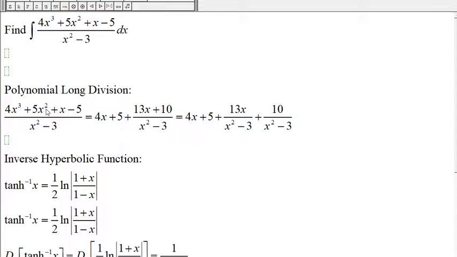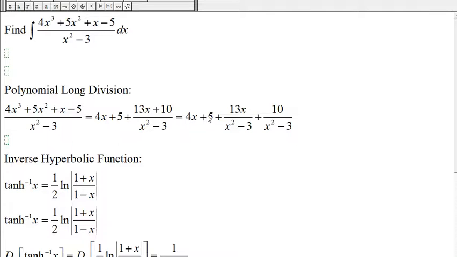So again, polynomial long division, and then we get 4x + 5 + (13x + 10) over (x^2 - 3). And then dividing by x^2 - 3, we can split this up.